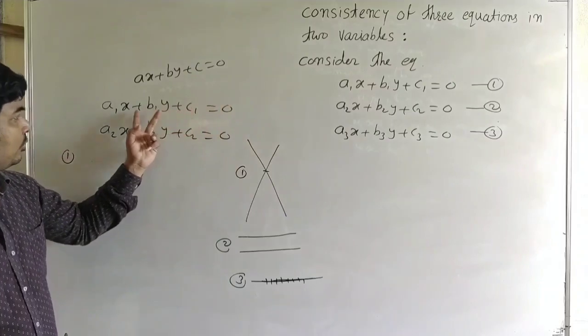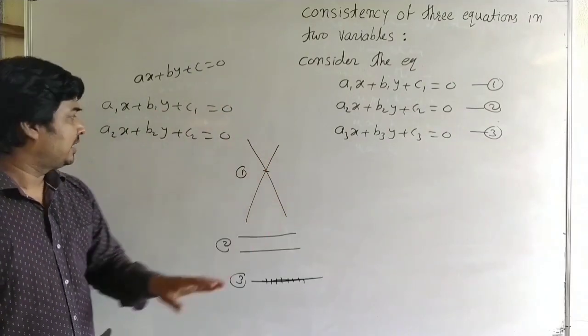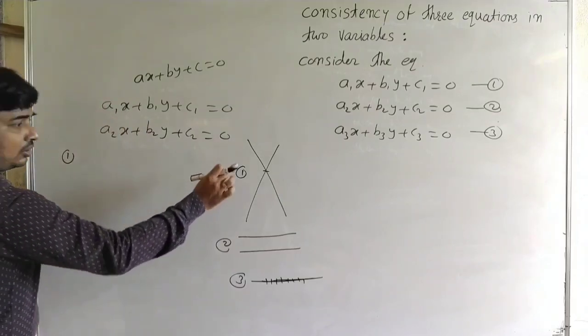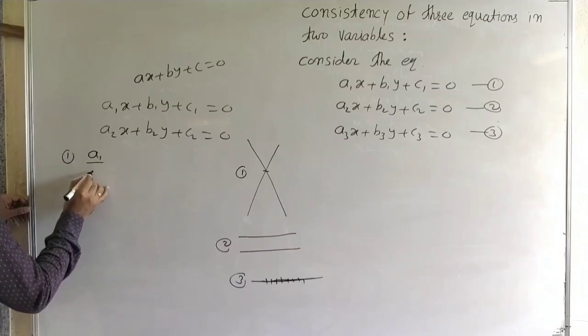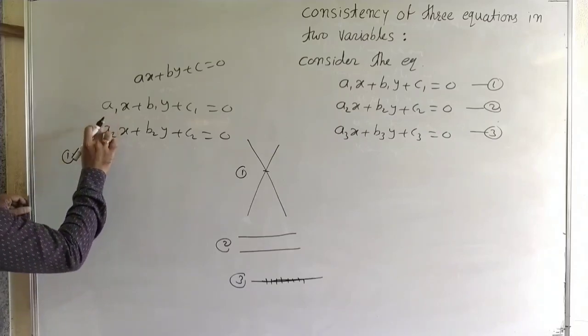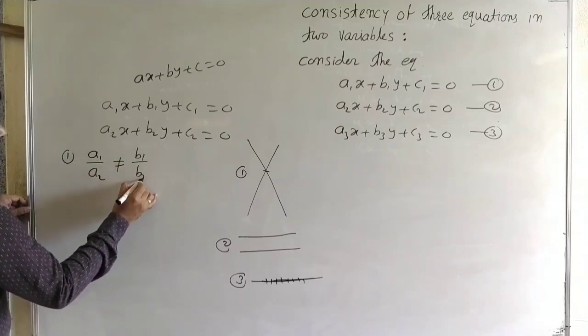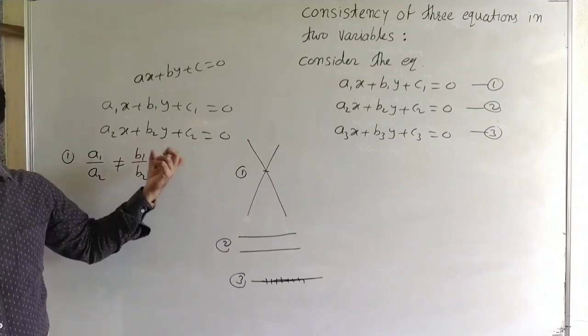Draw a graph of these two lines and find the point of intersection, that is the common solution. These two equations have a common solution if a1 upon a2 is not equal to b1 upon b2. That means the lines are consistent.